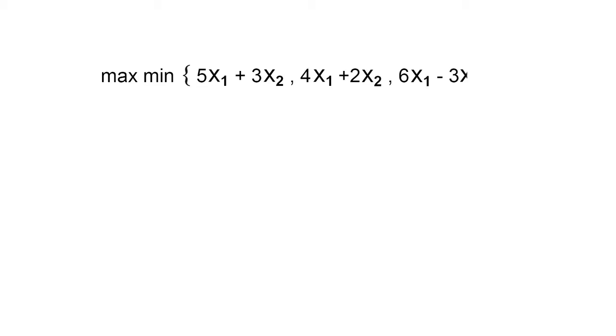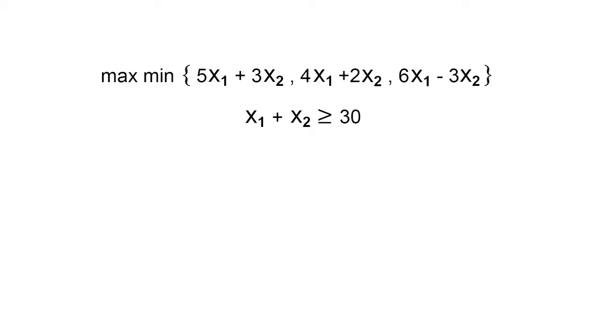Now let's take a look at an example of a maximin problem. We want to maximize the value of the minimum of the equations 5x1 plus 3x2, 4x1 plus 2x2, and 6x1 minus 3x2, subject to the constraint that x1 plus x2 is greater than or equal to 30.